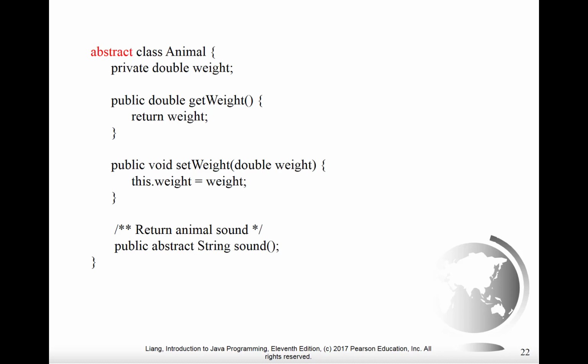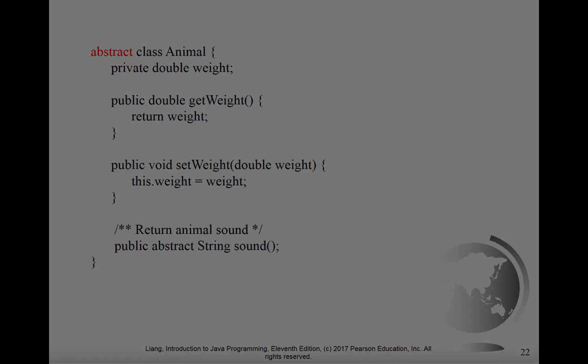There's also a setter below that called setWeight. And finally, we have one method which is abstract, and it is sound. Obviously, this is going to represent the sound that the animal makes in the form of a string which gets returned. No implementation appears here, so it is an abstract method which must be implemented by classes which are subclasses of this superclass.